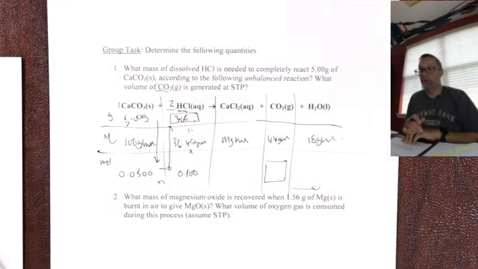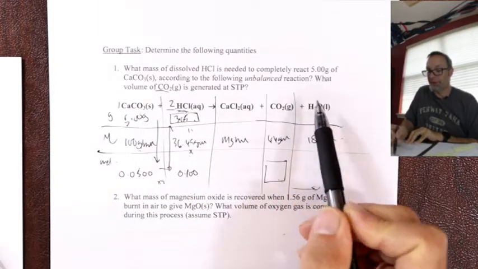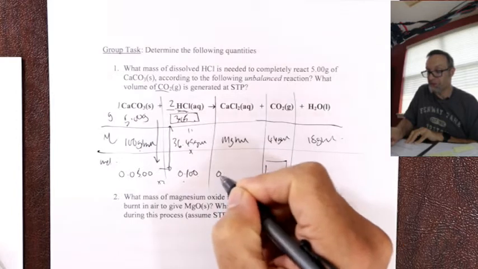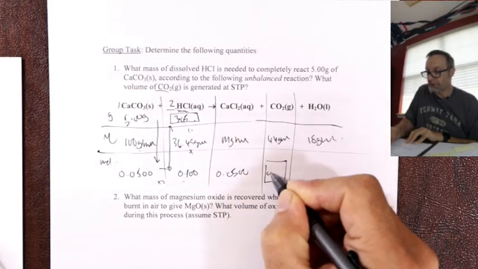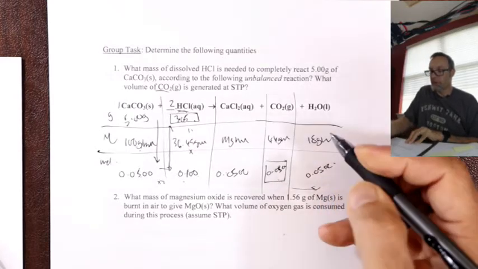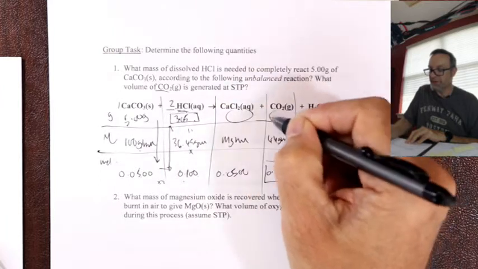Just for fun, we can fill out the rest of the chart. One reacts with 2 to make 1, 1, and 1. So 0.05 needs twice as much, then it's back to that same number, 0.05, 0.05, 0.05. We can climb up. You can fill these in.